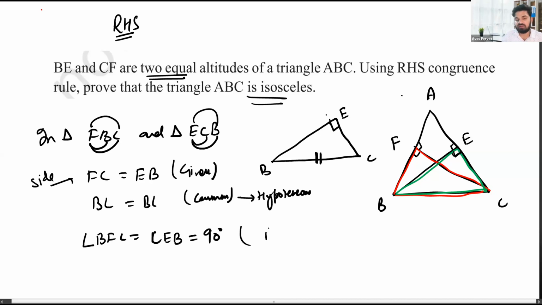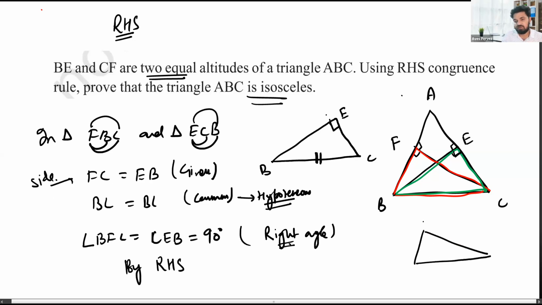This is given, and this is the right angle. So by RHS, R right angle, H hypotenuse, and S side, one side you have taken. So by RHS, what you will be able to prove in the red one and the green one. This is the red one, FBC, and the green one is this one.